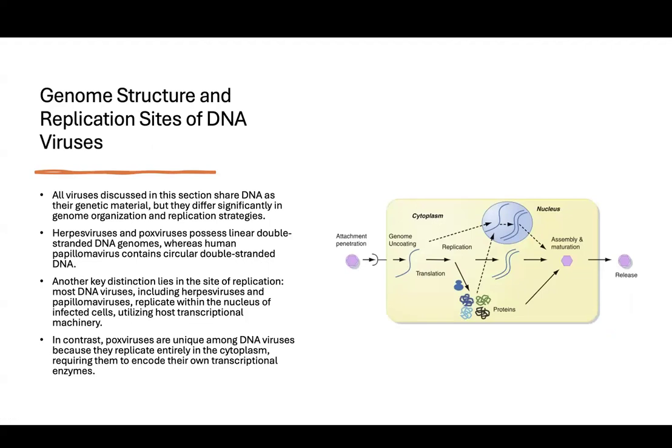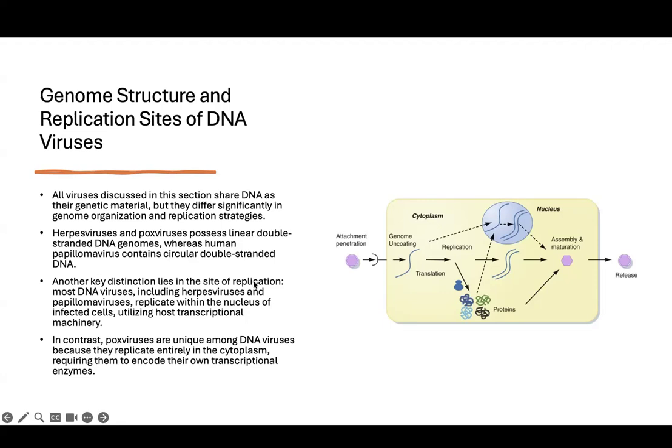Because their genetic material is DNA, you have this concept that their replication happens in the nucleus, purely because the host proteins for DNA replication are found in the nucleus. So the viruses need to find a way to get inside the nucleus to start stealing the host replication machinery to start multiplying their own genomes.